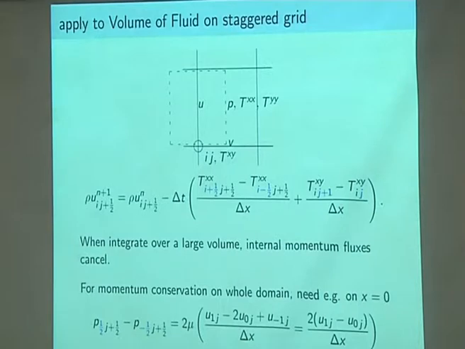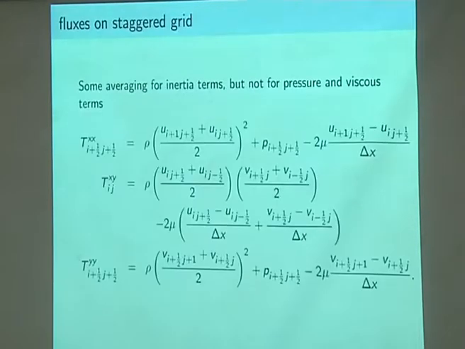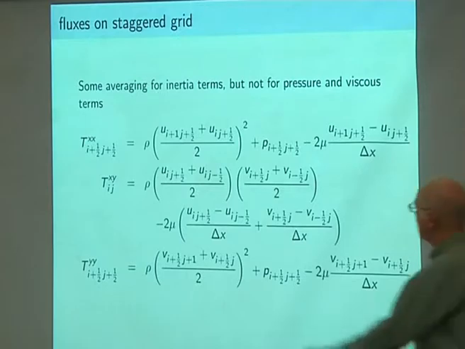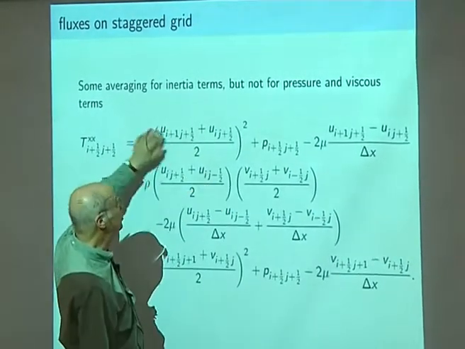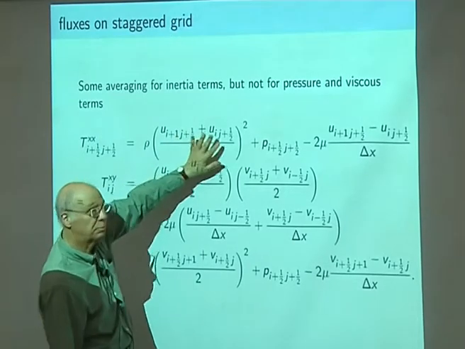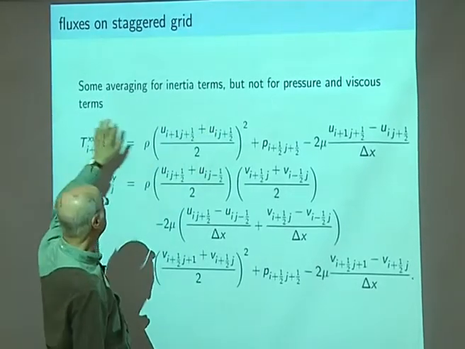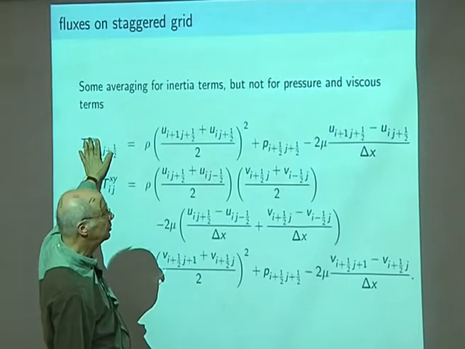So I have to take the average between u there and u there to find u in the middle. So that's the mess that's going on here. I'm taking averages of velocities to move them from the points where they're on the staggered grid to the points where the stress is supposed to be evaluated.